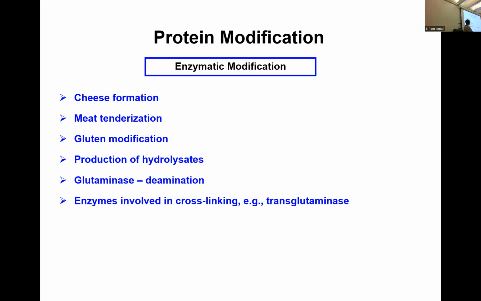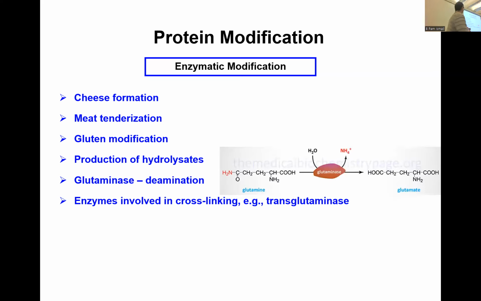That enhances the solubility of the protein, and recently we're trying to investigate the use of this enzyme to enhance protein extraction yield. And then enzymes involved in cross-linking, such as transglutaminase, looking at ways to produce large molecular weight polymers, to potentially enhance texturization properties of the protein.